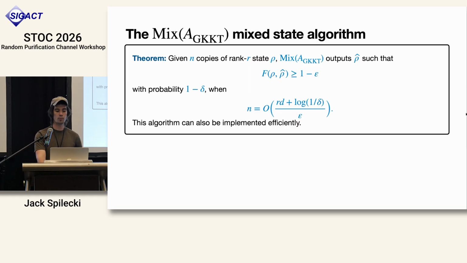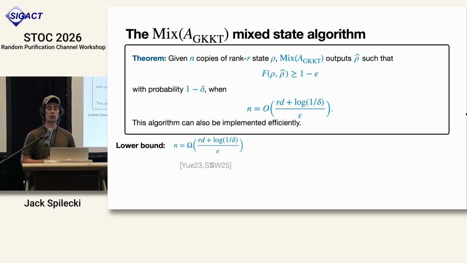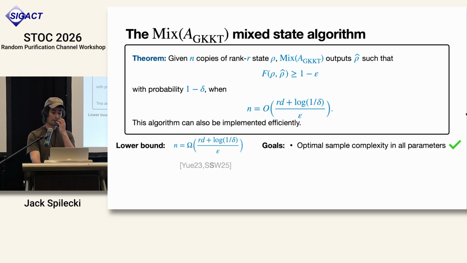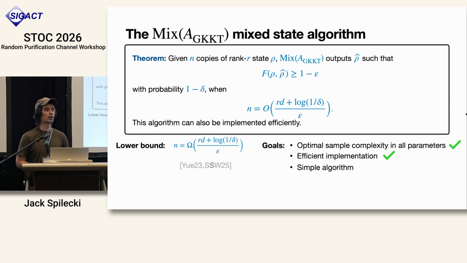Okay, so just to compare, we have this lower bound, which matches the sample complexity. And so we can go back to our goals, and we can see that the first one was to get an algorithm with optimal sample complexity in all parameters. And this algorithm does that. And it's also efficient because of this concatenation that I just described. And I think a case can also be made that it's pretty simple.